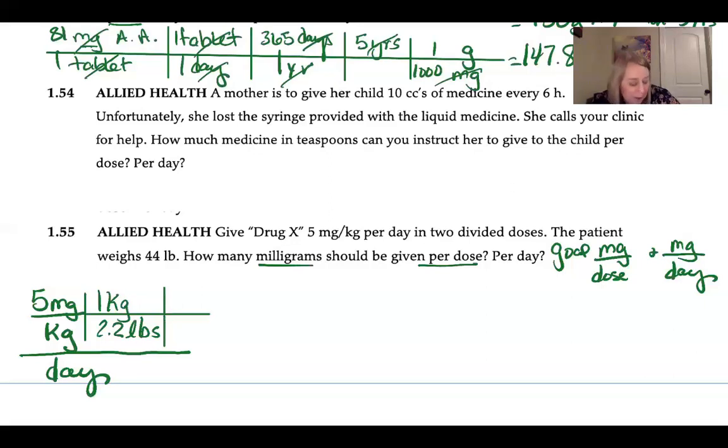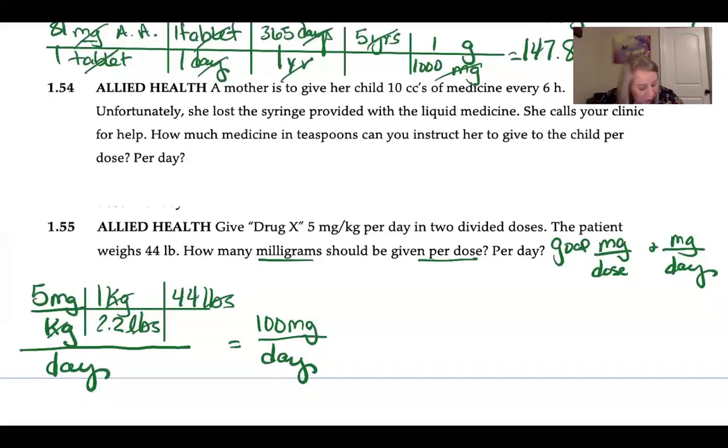So now I can say that my patient weighs 44 pounds. Because what am I left with? My kilograms cancel and my pounds cancel, so that's great. So this will give me 100 milligrams per day, because all my other units canceled.